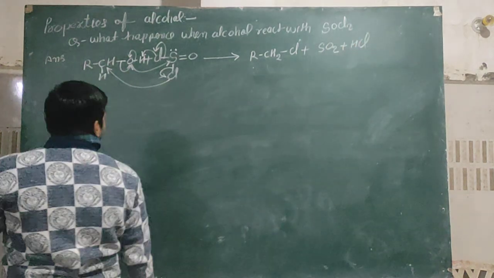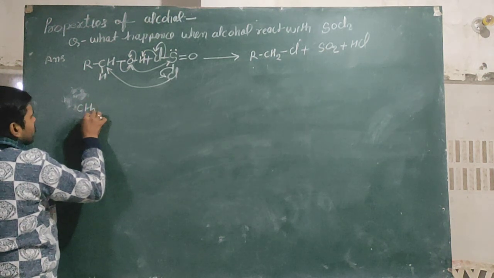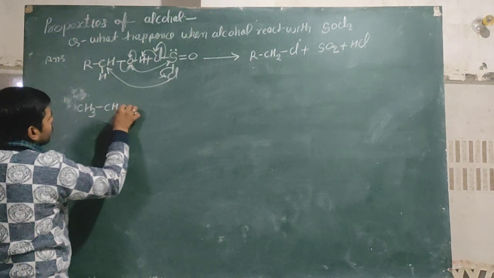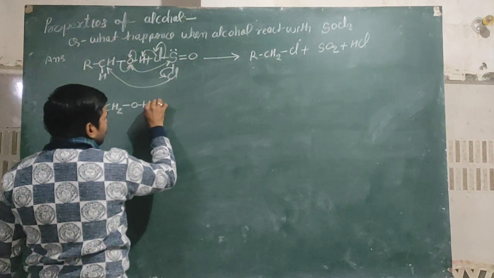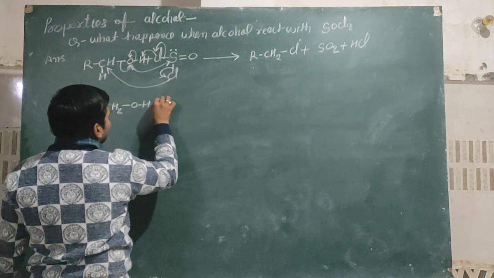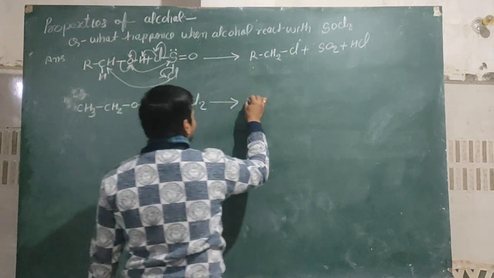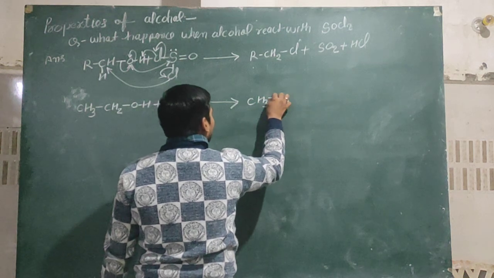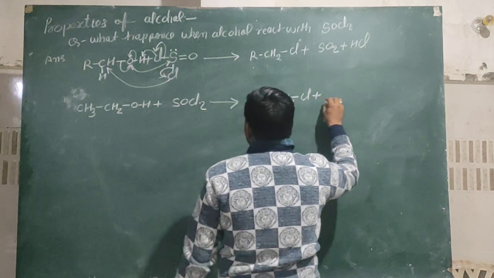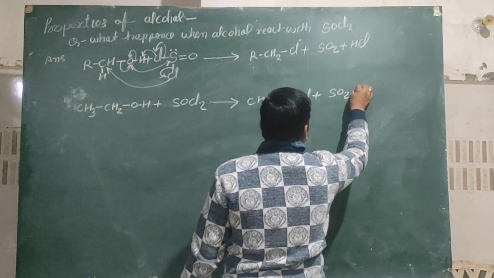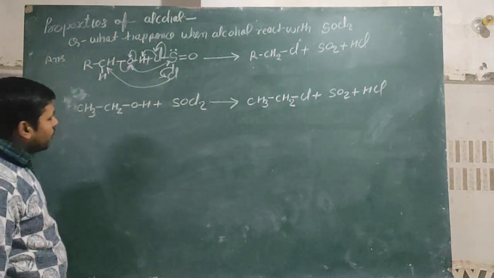If you take a different type of alkyl group in place of R, like CH3CH2OH, then in the presence of SOCl2, it changes into CH3CH2Cl plus SO2 plus HCl. I hope you understand better how it is possible.